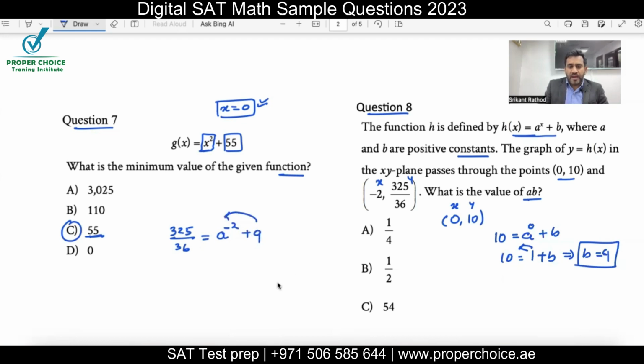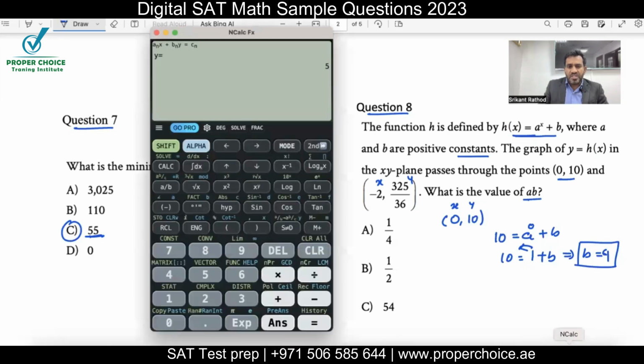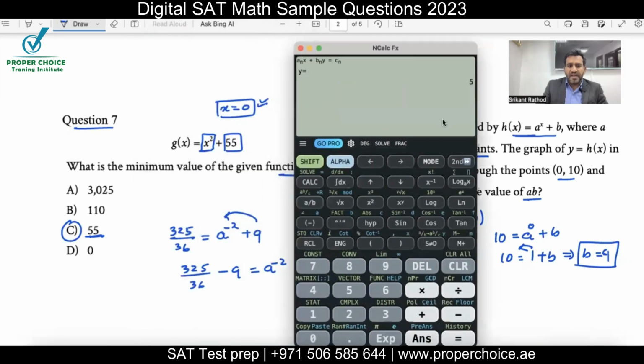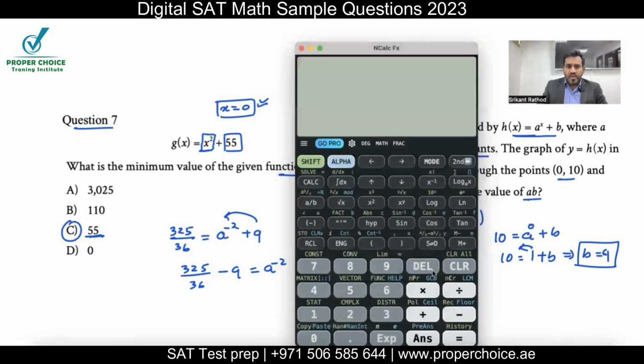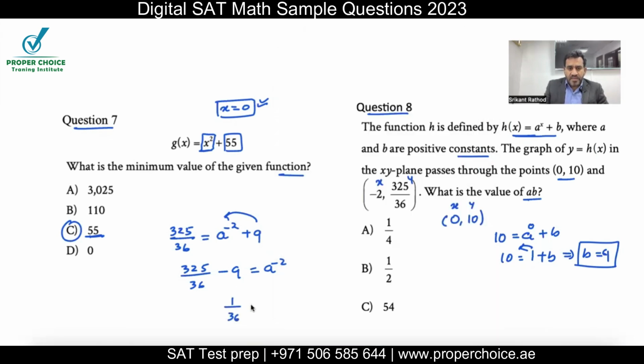Taking it to the other side, 325 by 36 minus 9 is equal to a to the power minus 2. Let me just use a calculator to simplify it further. 325 divided by 36 minus 9 gives us 1 by 36. The result is 1 divided by 36 is equal to a to the power minus 2.